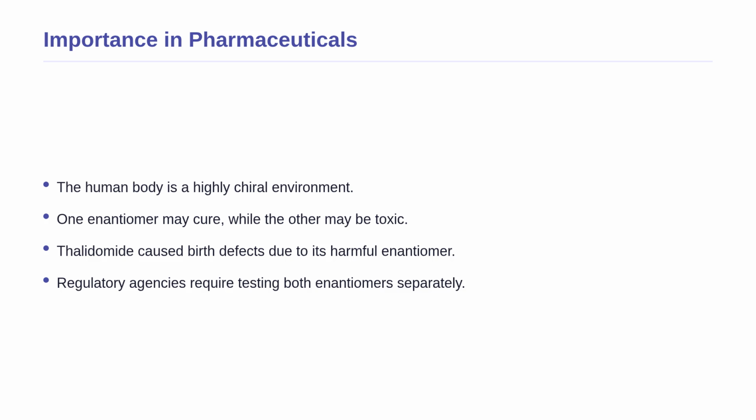Often only one enantiomer provides the medical cure, while the other might be inactive or highly toxic. For example, the drug thalidomide was sold as a racemic mixture. One enantiomer cured morning sickness, but the other caused severe birth defects. Today, regulatory agencies strictly require testing both enantiomers separately to ensure safety.